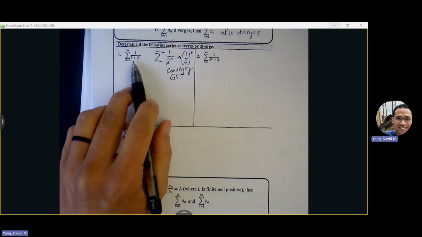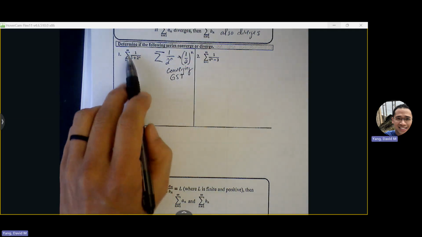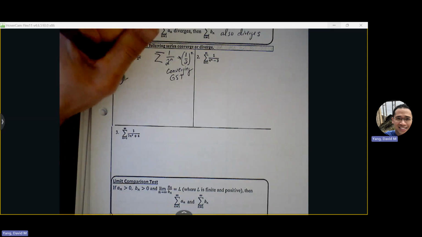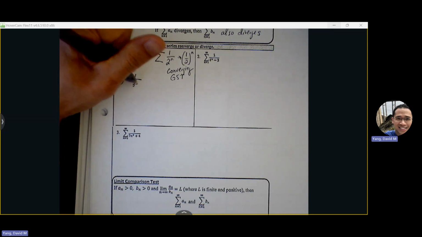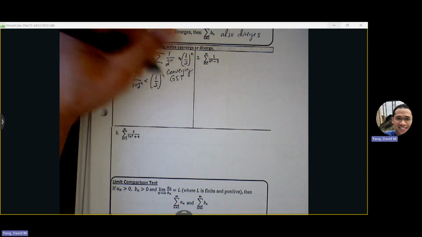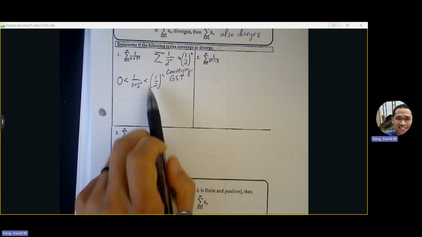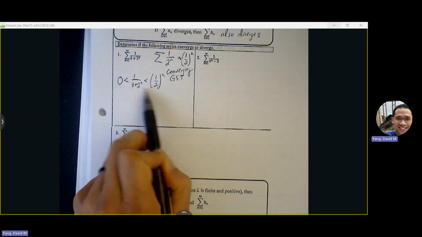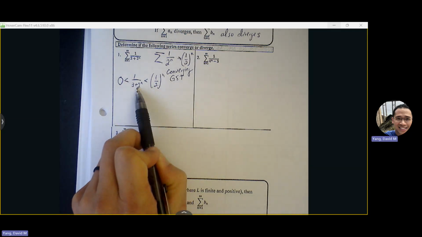So if I add anything to the denominator, that's going to make my fraction smaller. So I think I can make this argument, right? That 1/(3 plus 2 to the n) is less than 1/2 to the n. So if I have a converging series, then anything less than it must also converge as well, right?